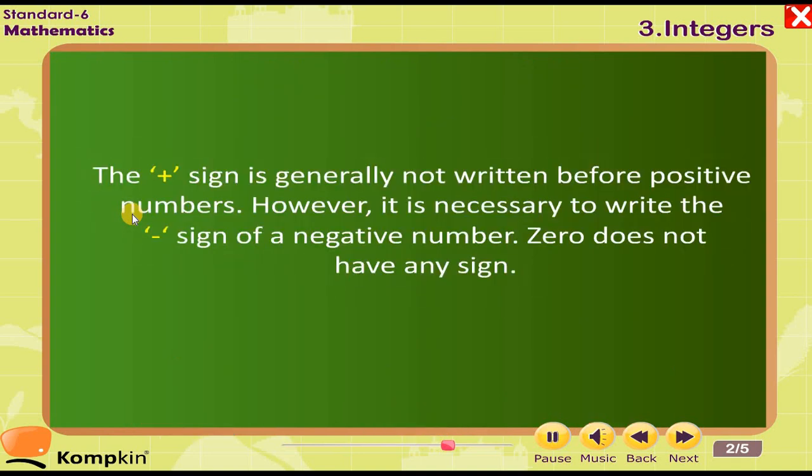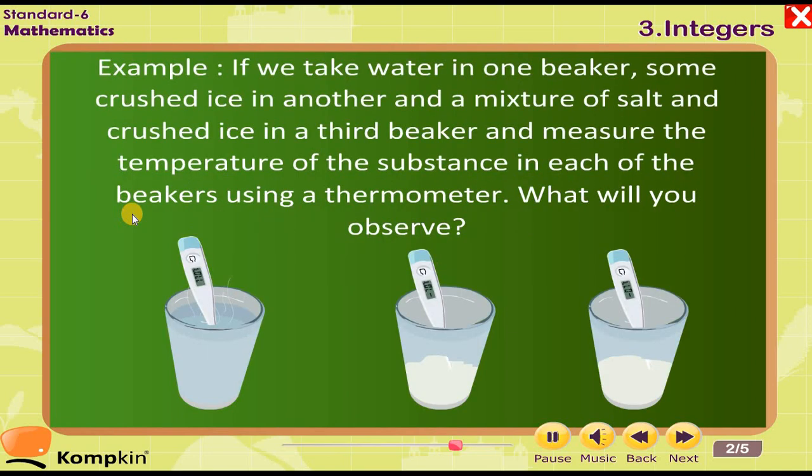Take care. The positive sign is generally not written before positive numbers. However, it is necessary to write the negative sign of a negative number. 0 does not have any sign.